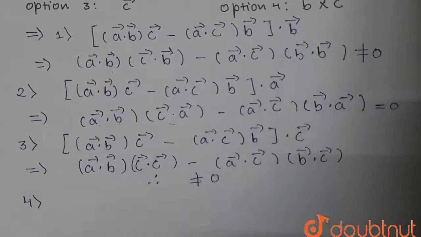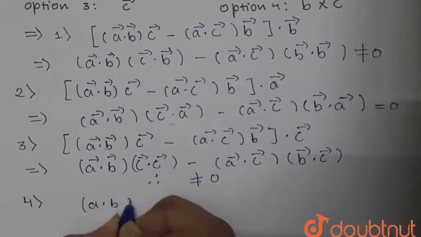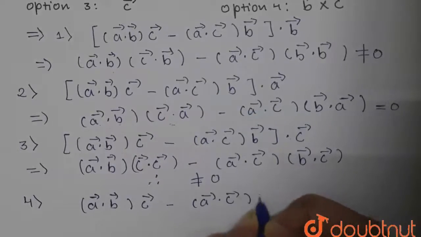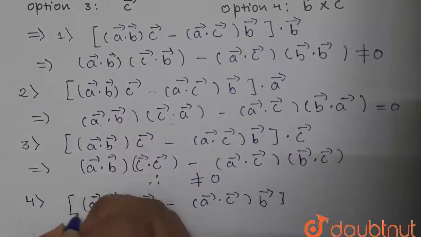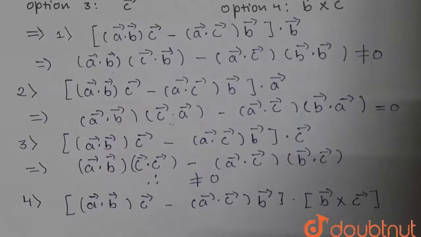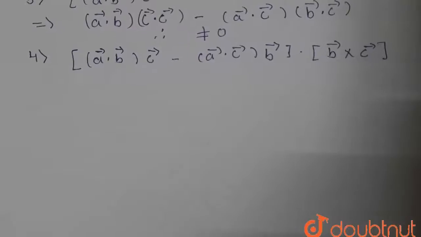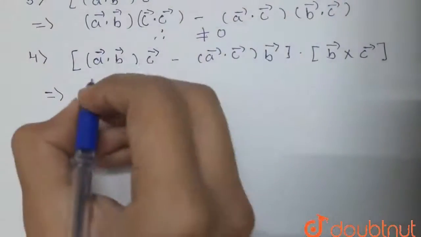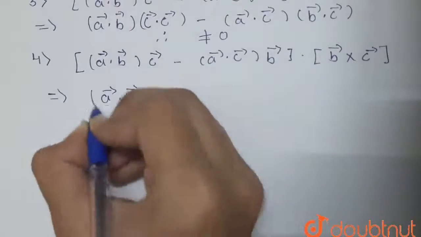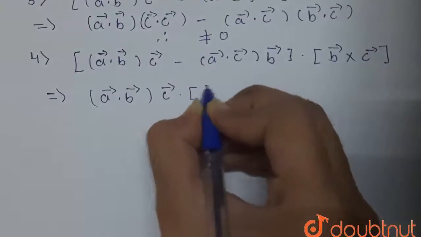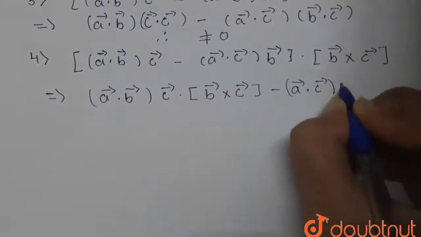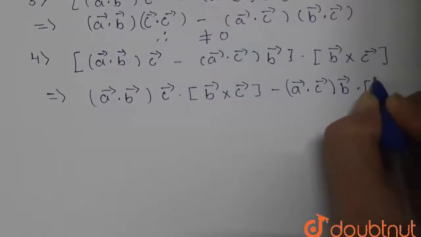We are having b cross c vector. So we will do the dot product of (a · b) c minus (a · c) b with b cross c. Now here we are going to use a formula for scalar triple product. When we do the dot product here we will get (a · b) into c · (b × c) minus (a · c) into b · (b × c).